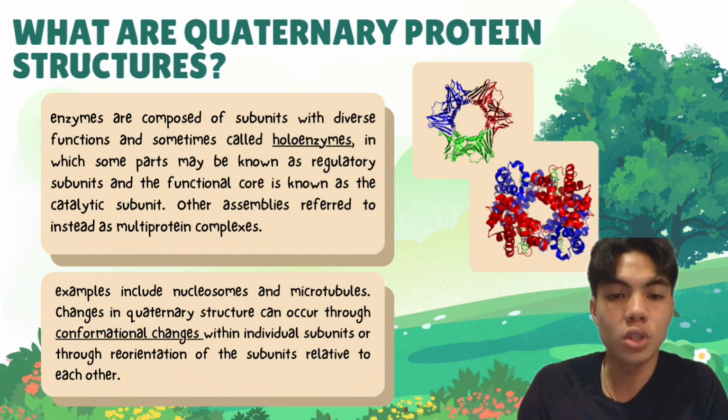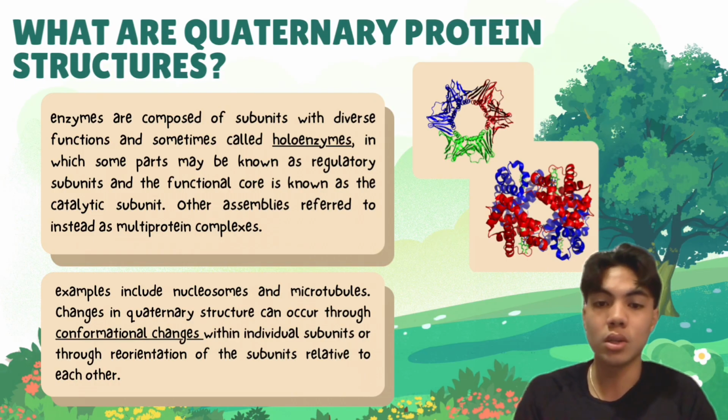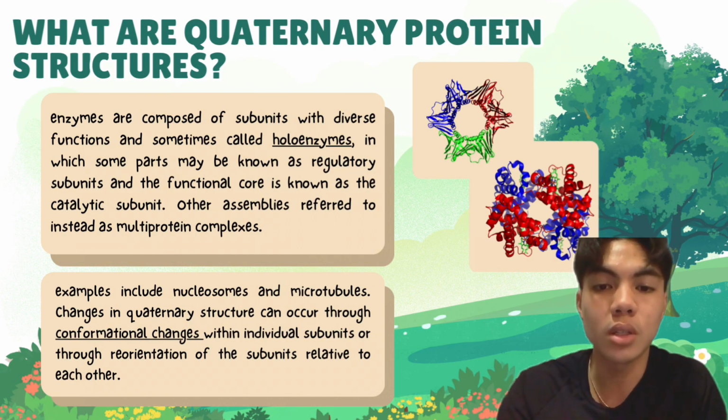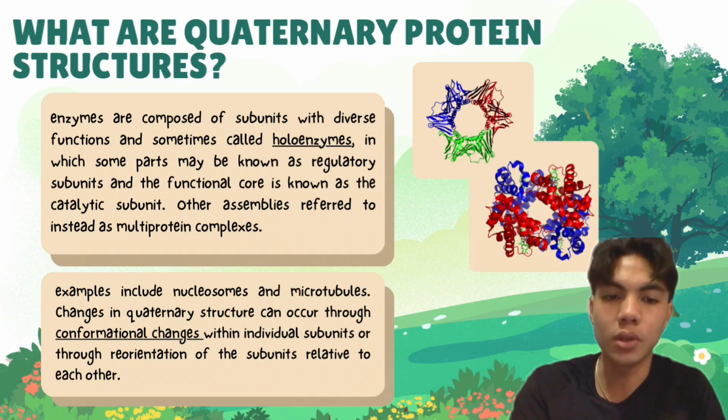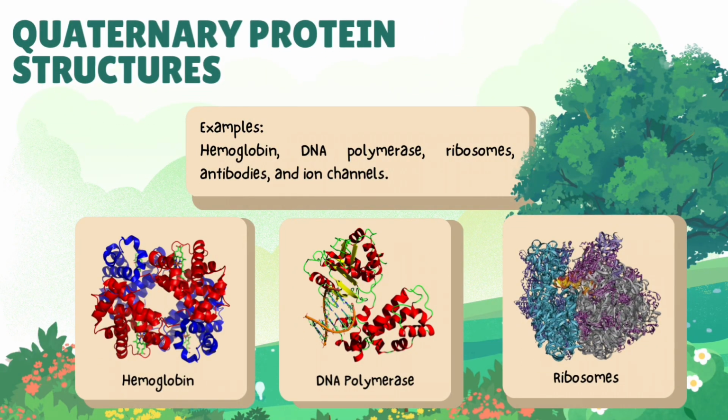It is through such changes, which underlie cooperativity and allostery in multimeric enzymes, that many proteins undergo regulation and perform their physiological function. Examples of quaternary structure include hemoglobin, DNA polymerase, ribosomes, antibodies, and ion channels.